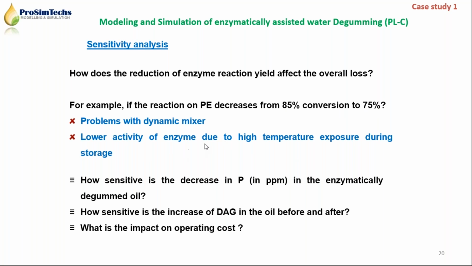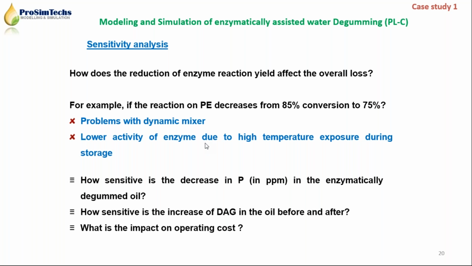Let us say this is because of some problem with the dynamic mixer that we are using in the plant to mix the enzyme properly with the soybean oil, or for instance some lower activity of the enzyme due to high temperature exposure during storage.